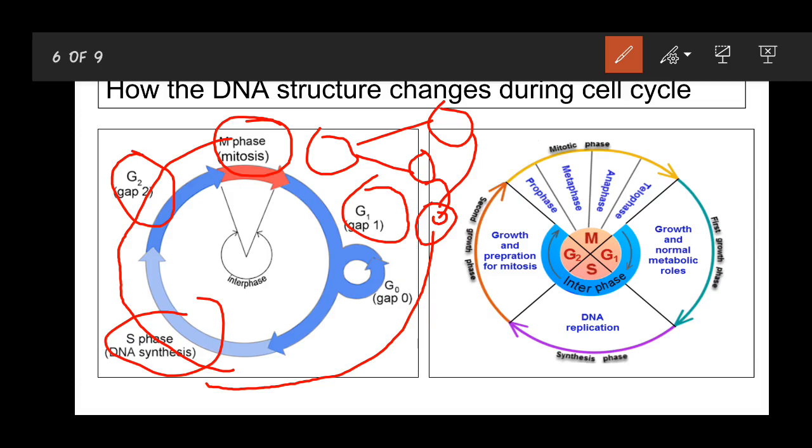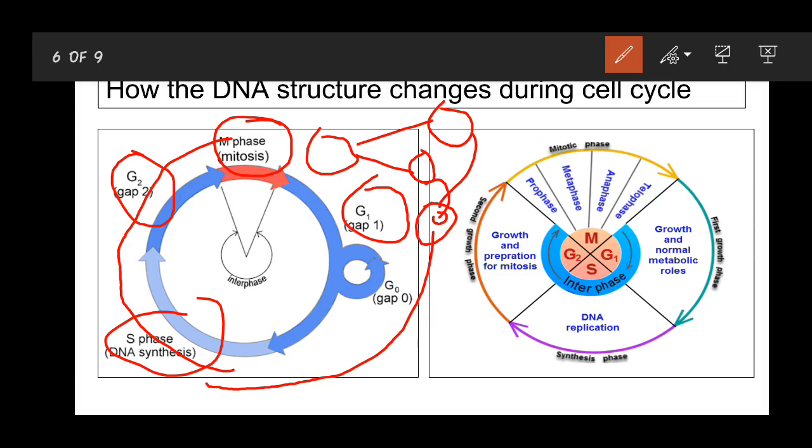They are alive, doing all their normal metabolic functions, they function as a neuron, they produce neurotransmitters, they carry out impulses, everything. The difference is that they are not engaging in the events of the cell cycle. So this is the event which is called the G0 phase.